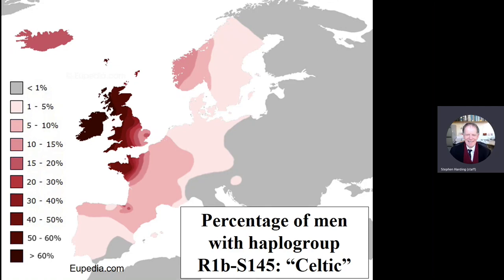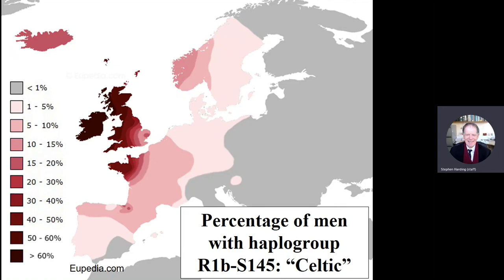So let's get rid of this. Right, so this is the percentage of men with haplogroup R. So R subgroup 1b S145. Don't ask me to explain what these numbers mean.